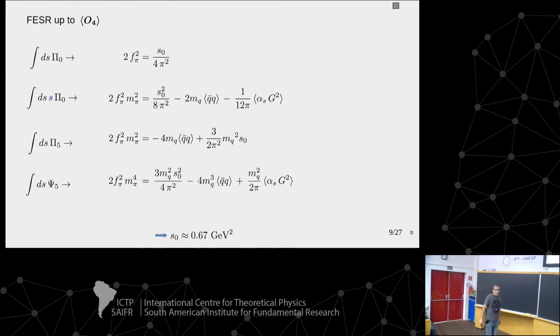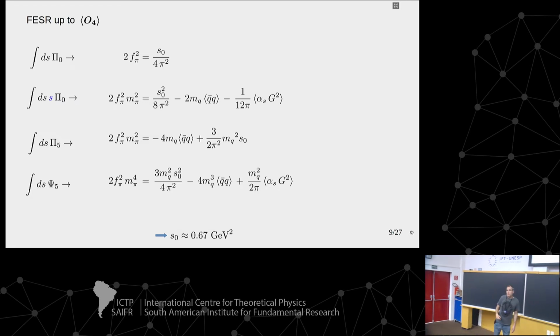If we consider operators up to dimension 4, we have this set of 4 phasors, and they are exact equations in the sense that the phasor cuts all the other contributions in the operator product expansion.